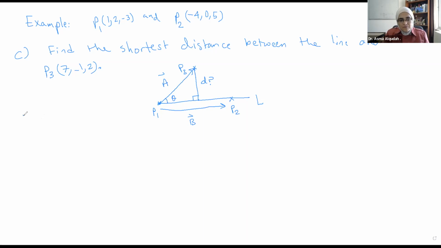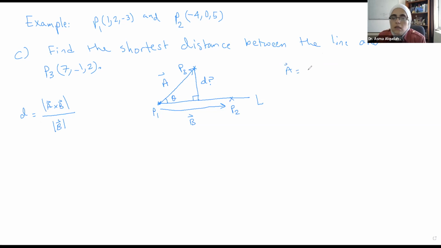So D should be equal to the cross product of A and B divided by the magnitude of vector B. But first let's find A.